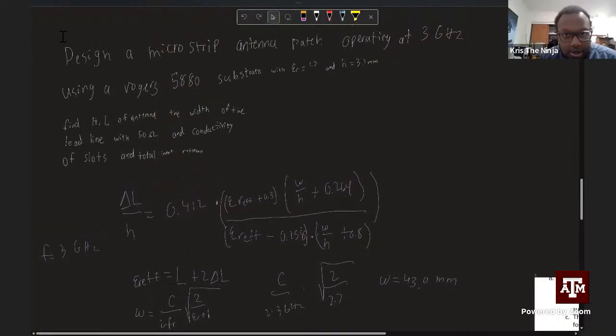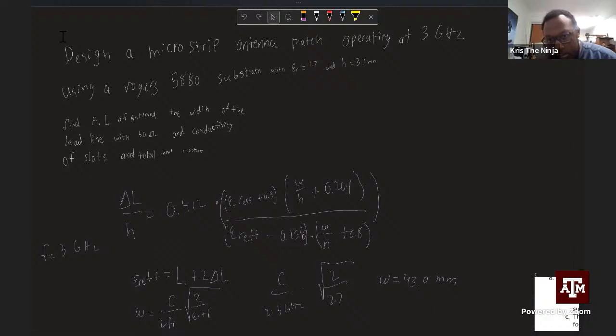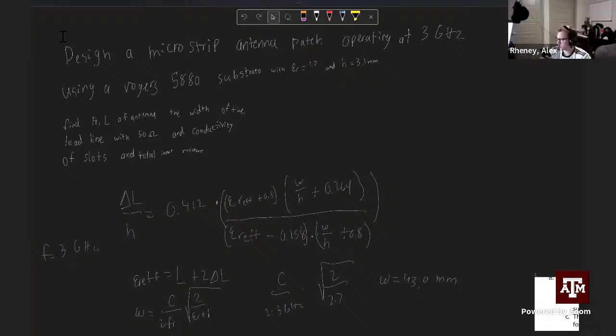We do have H, 3.1, but we don't have epsilon R effective. As long as you have W, you could solve for epsilon R effective. Okay, how do you do that? What's the equation for that?